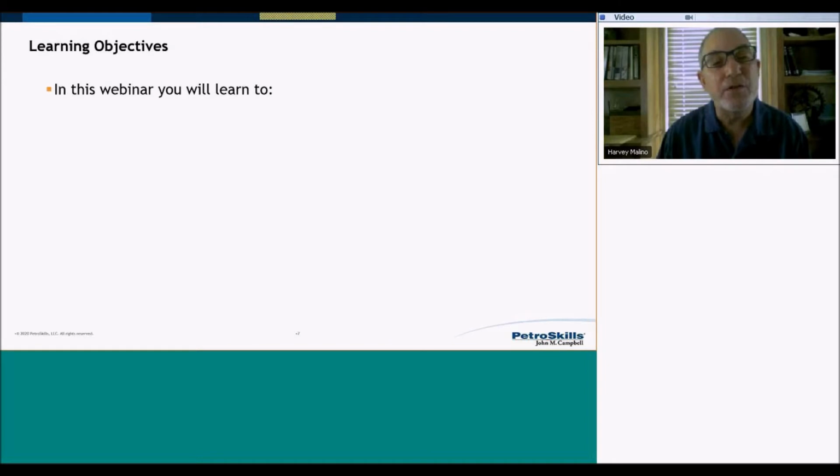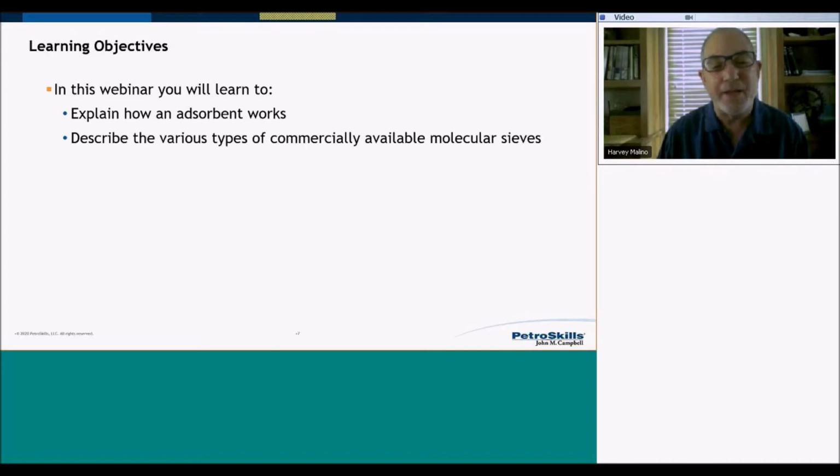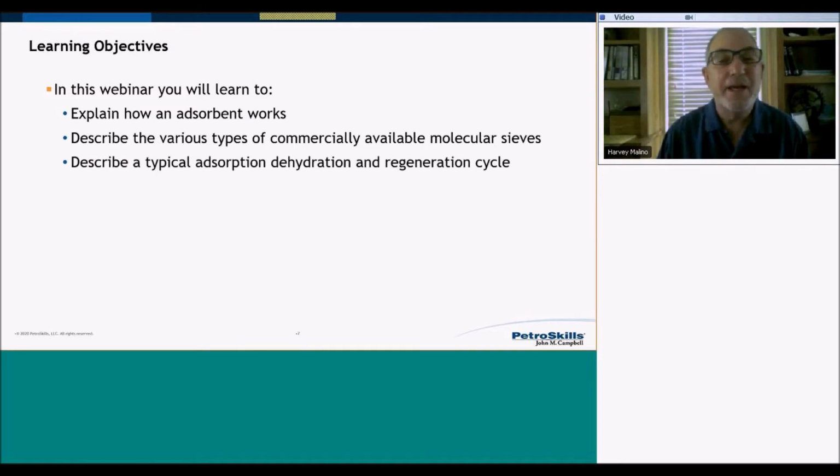What we're going to discuss today is to explain how an adsorbent works. We're going to look at the different types of molecular sieves that are commercially available. Today's session focuses exclusively on molecular sieves. We will also take a look at a typical cycle of an adsorption unit, that is the adsorption cycle and regeneration cycle.